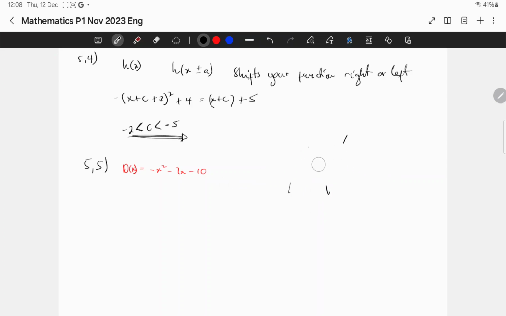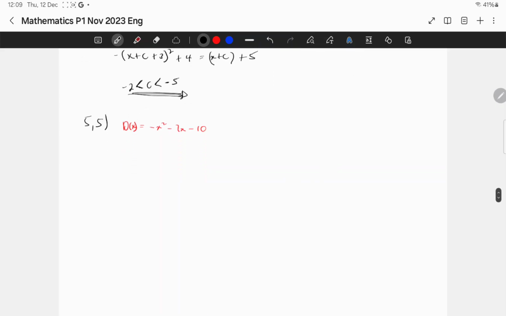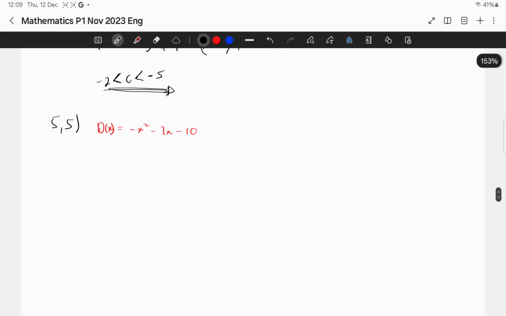So it's easy to see that it only has one maximum or minimum, and therefore you don't have to worry about checking for other minima or maxima that occur elsewhere within the function. So we know that the maximum or minimum of a function occurs at a turning point, and in this case you see that there's a negative there at the x squared, so that means our parabolic function is of this shape.